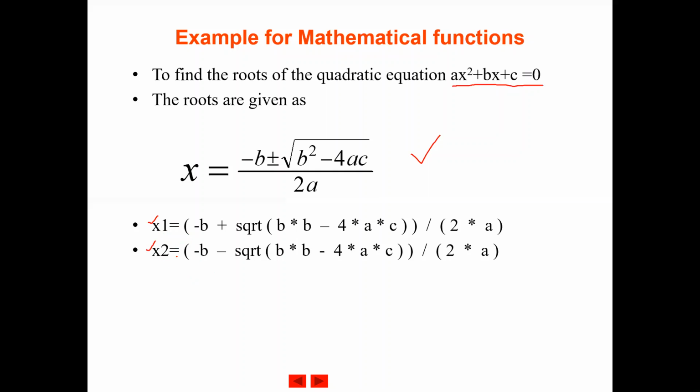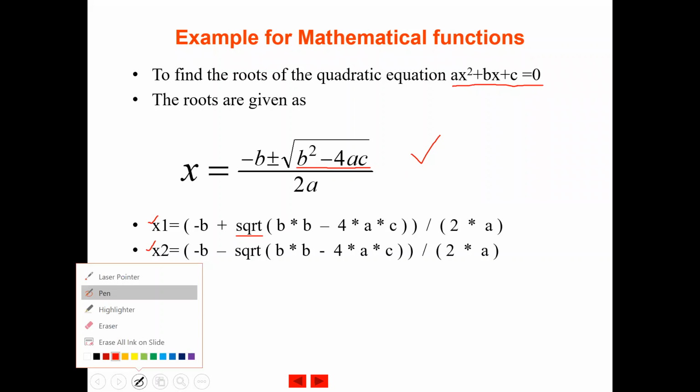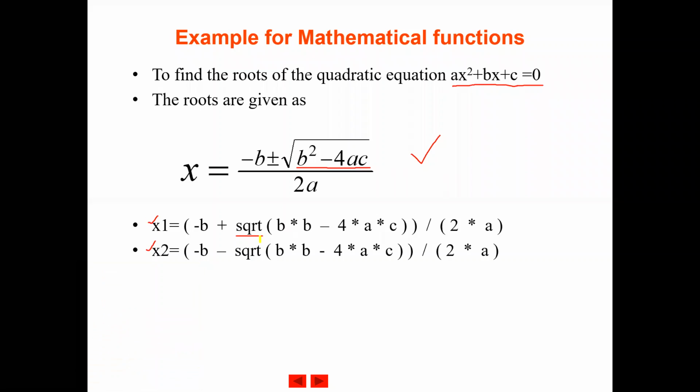So here x1 and x2 are calculated using the square root function sqrt, and in brackets we pass the value for which we are supposed to find the square root. Here, b square minus 4ac is the value for which we have to find the square root. So what is b square minus 4ac?